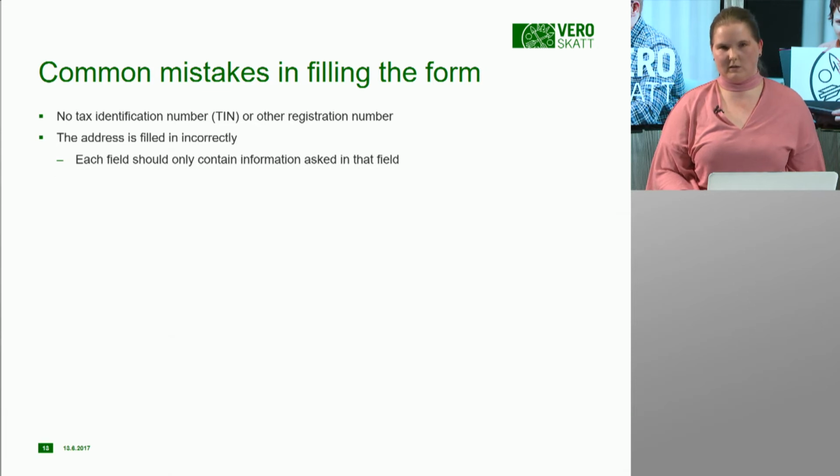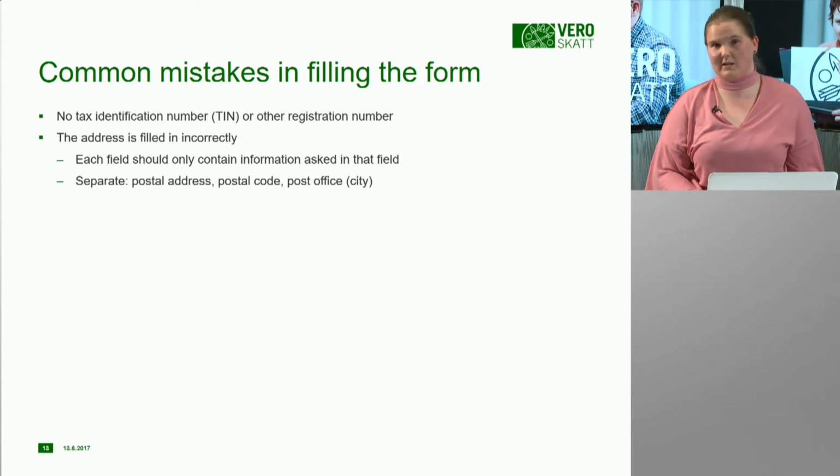So each field should only contain information asked in that field. What does that mean? Basically, we need you to separate the postal address, or otherwise known as the street, postal code, and then post office, which is a rough Finnish translation, and it basically refers to your city or town.